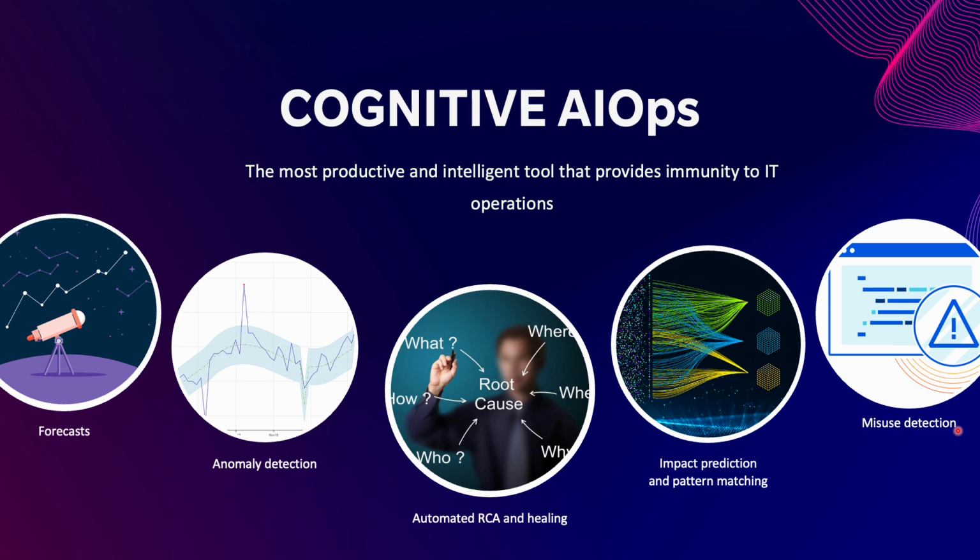So that is kind of an anomaly. We can detect that as well and kind of flag it off to you. So any kind of misuse in terms of your applications, the connections, etc., also can be flagged off. So that's where we are at with cognitive AI.